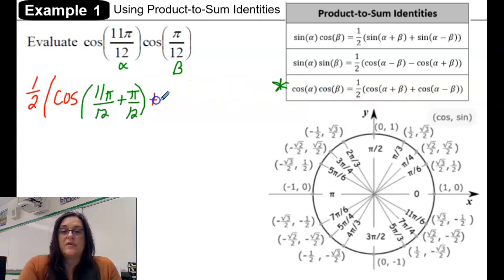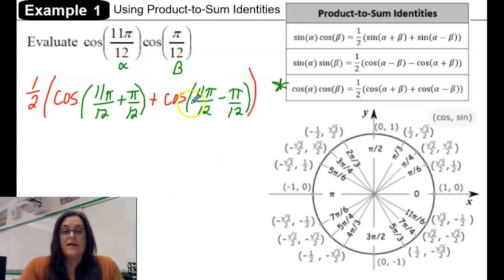So we'll have a plus cosine, and now the identity asks for the difference of alpha and beta. So we're going to subtract alpha, which is 11 pi over 12, minus beta, which is pi over 12. And now we've substituted our alpha and beta angles into the product to sum identity for a product of cosines.